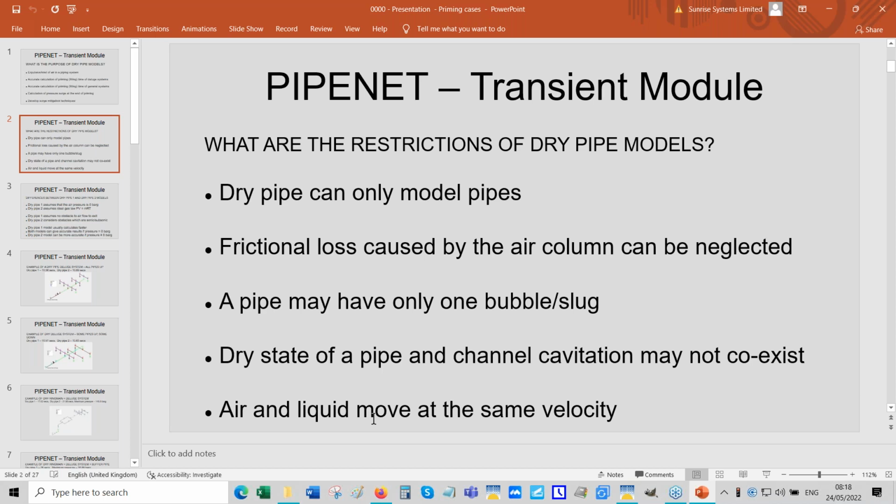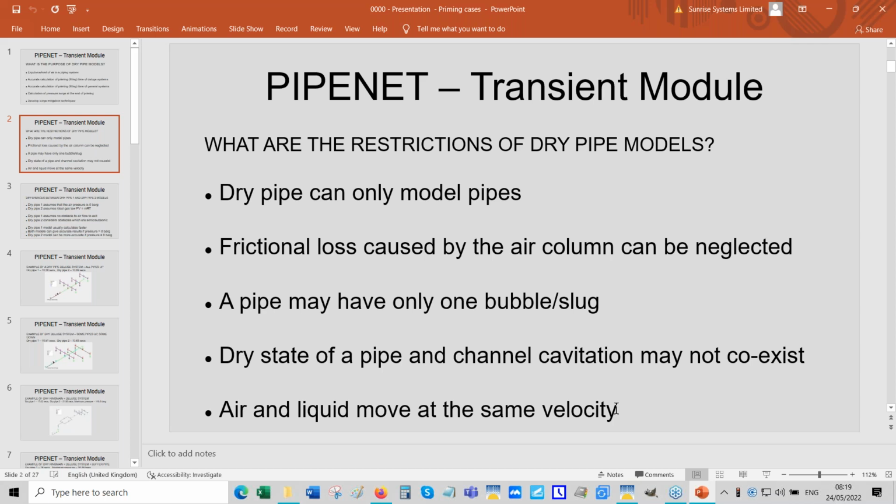The last assumption, this also is not really a limitation, it's obvious, because we assume that the air and the liquid move at the same velocity. Now, let me just add one more point that's implied by this. A pipe is treated as a one-dimensional model. And because it's a one-dimensional model, there's an underlying assumption that the flow of liquid is a plug flow.